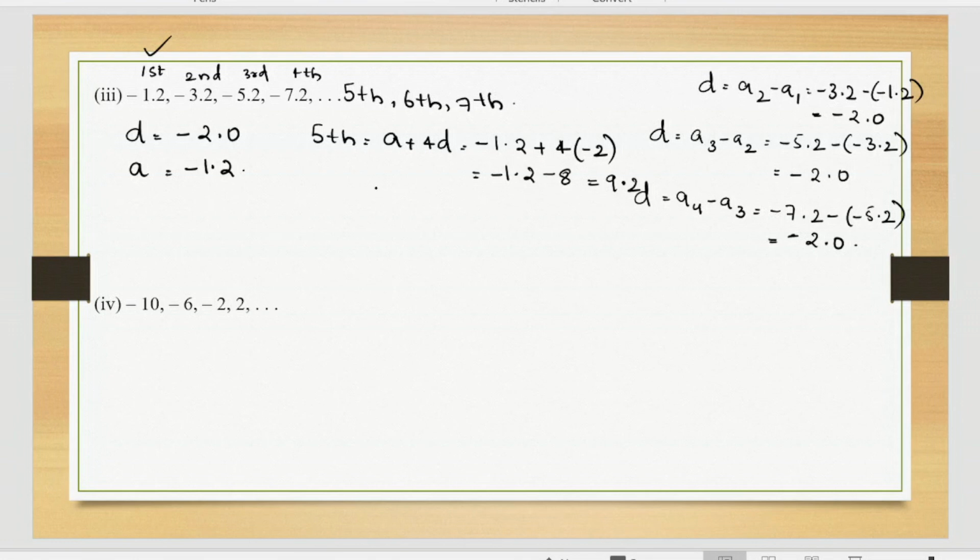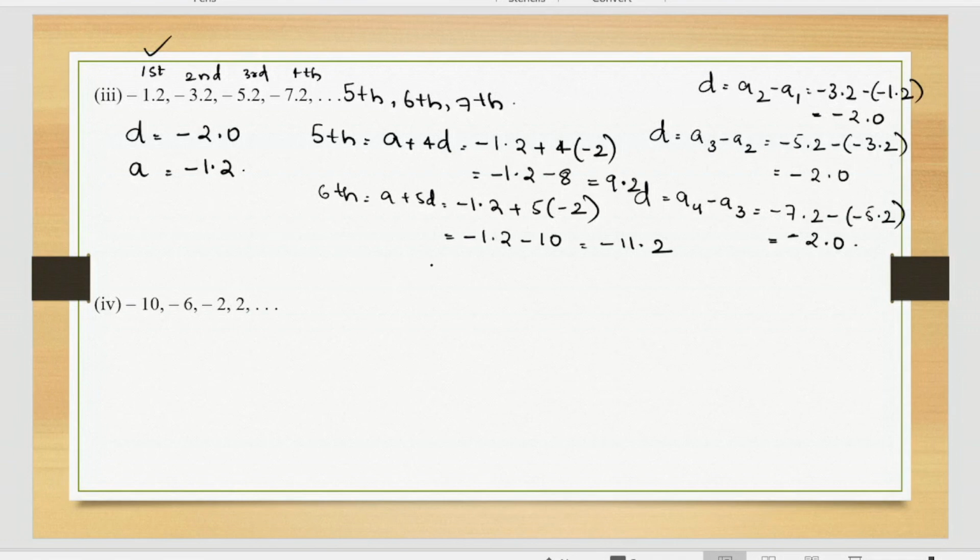And sixth term will be A plus 5D. So A is minus 1.2 plus 5 into minus 2. D is minus 2. So you will get minus 1.2 minus, this is 5 2's 10. So which is minus 11.2. Okay.